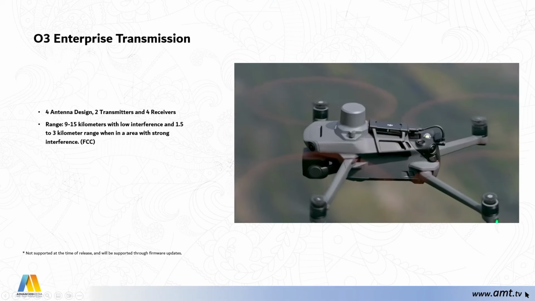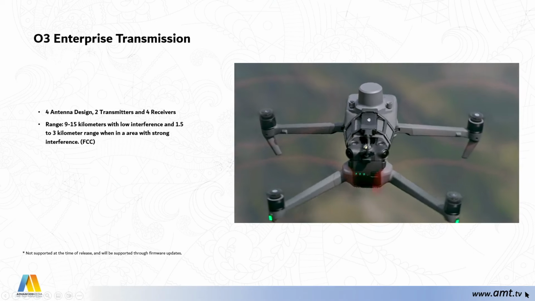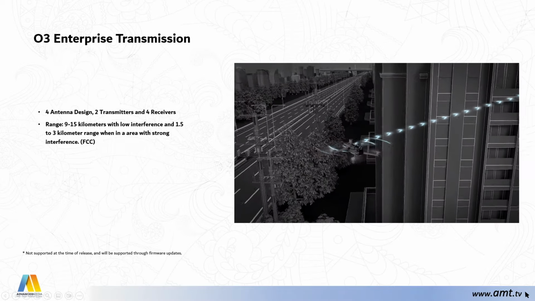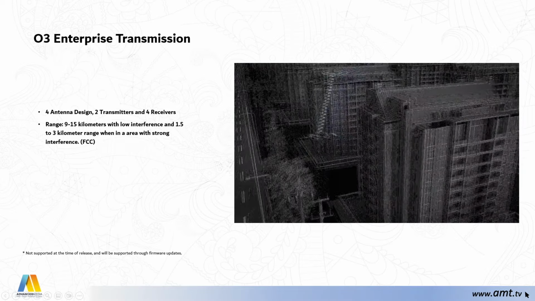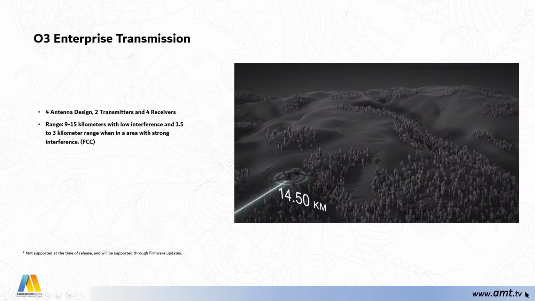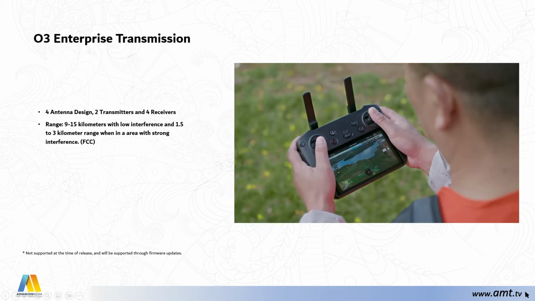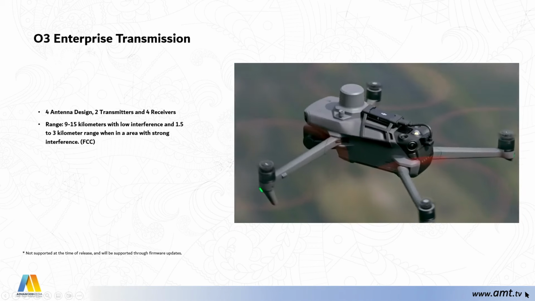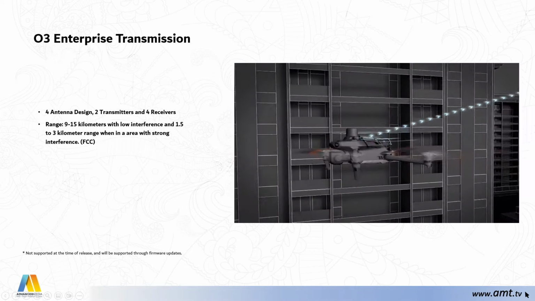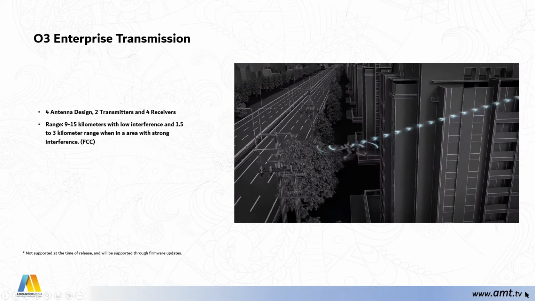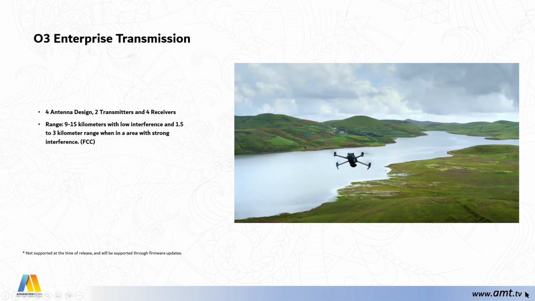What else? We have the enhanced image transmission system. It's now called O3 Enterprise, O for OcuSync. This is a system developed by DJI. To make it easier to understand, it's almost the same as Wi-Fi, but way stronger and more powerful, because the distance that can be covered is like 15 kilometers.